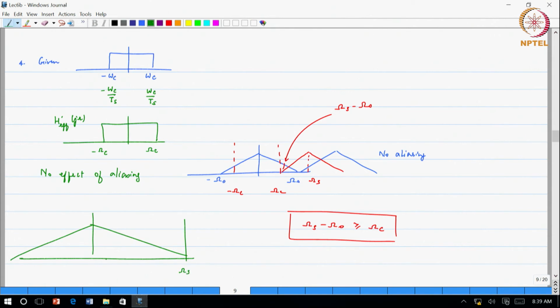Then what would happen? The copy would come this far, and my low pass filter is... so my signal of interest actually has been corrupted in this portion.